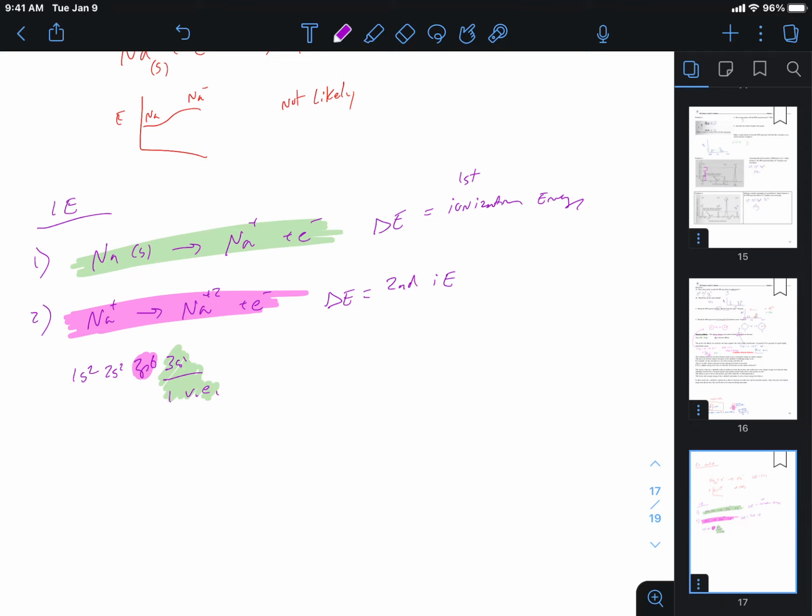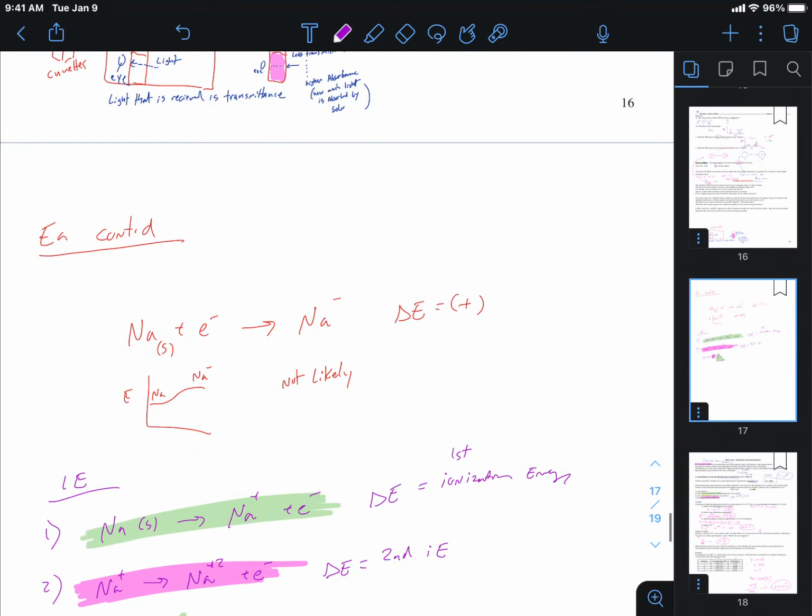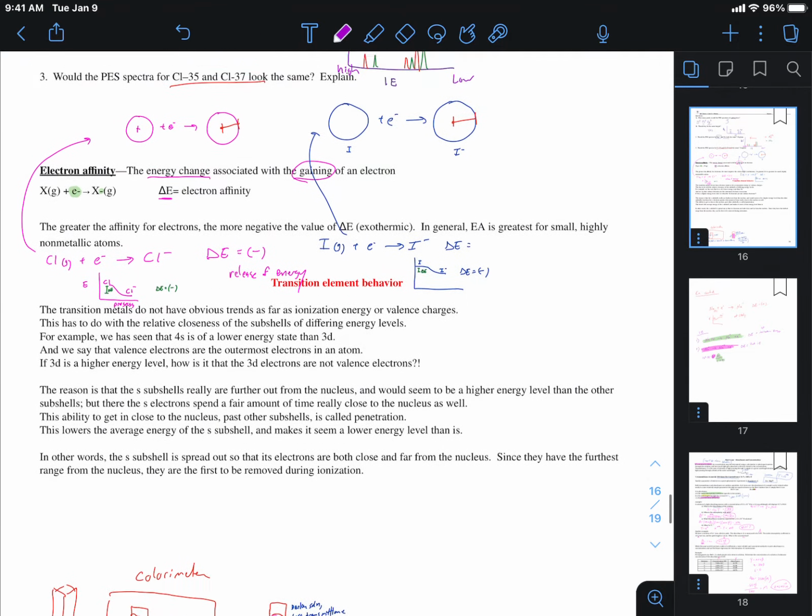Is it possible? Yes, it is possible, through photoelectron spectroscopy. When we bombard atoms with X-rays, we can knock all the electrons off, and in doing so, we can calculate how much energy it took. We will see little peaks on a chart, and we'll assign peaks as to which subshells they are. So that's what I want to talk about as far as electron affinity and ionization energy.